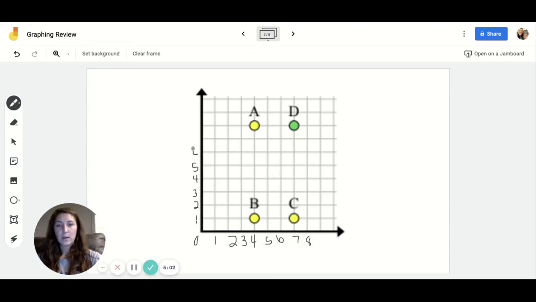And I'm working on the y side now. All right, so for point D, the ordered pair there should be 7, 8. That would have been the other point that you wanted to plot to form that rectangle.